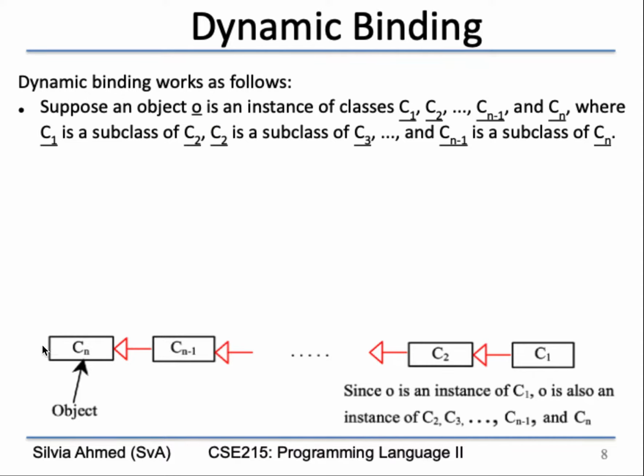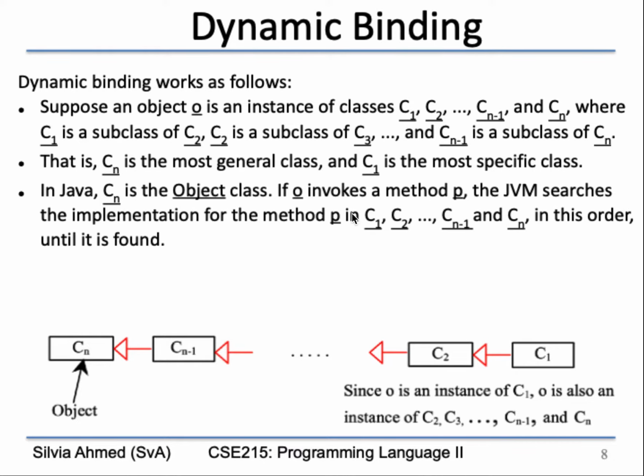That means Cn is the superclass, its subclass is Cn-1, its subclass will be Cn-2, and like this C2 and its subclass C1. So in Java we know that this superclass is our Object class of Java. So this Cn class, or the Object class, is the most general class and C1 is the most specific class.